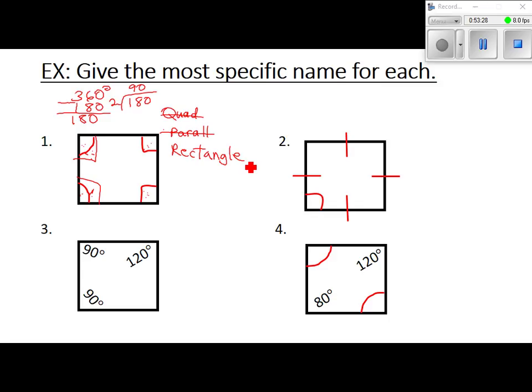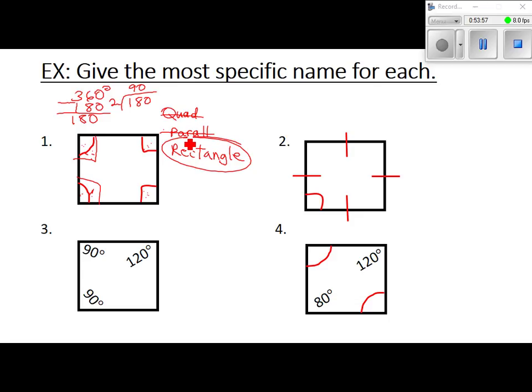To be a rhombus, all the sides have to be congruent. Since we know it's a parallelogram, we'd only need two consecutive sides to be congruent, then we could say it's a rhombus. The bad thing is that we don't know that. So the best name that we can give this shape is a rectangle. We don't need to check trapezoid or kite because they're not as descriptive, they're not as specific as rectangle. So rectangle is a better name.